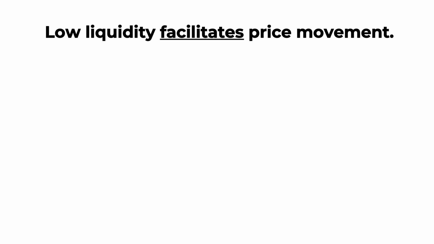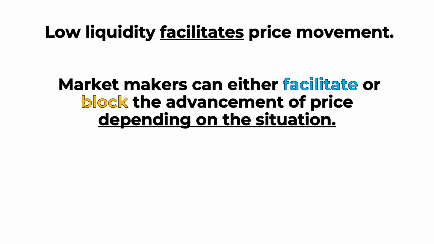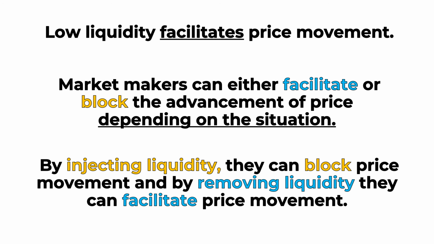One very important detail here is that market makers can either facilitate or block the advancement of price depending on the situation. By injecting liquidity, they can block price movement, and by removing liquidity, they can facilitate price movement. This is a common situation when we find different trading institutions battling with one another.